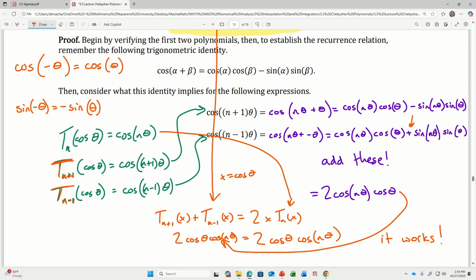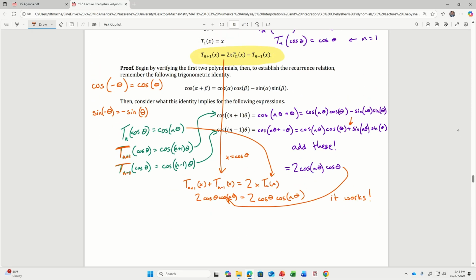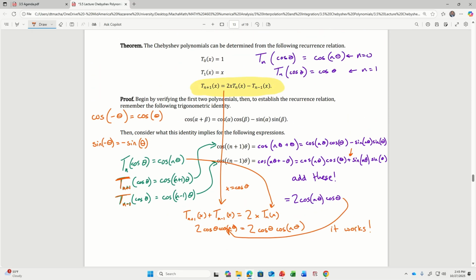Sorry, I've got arrows all over the place. But right here, you've got every little piece you need to piece the puzzle together, right? Do you like it better when I type out the proof, or do you like it better when I just write it down?